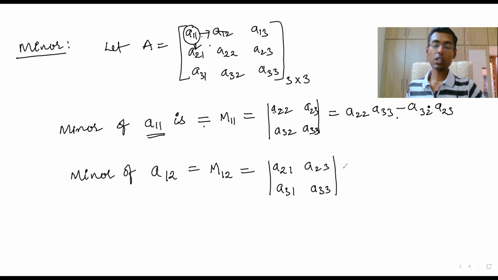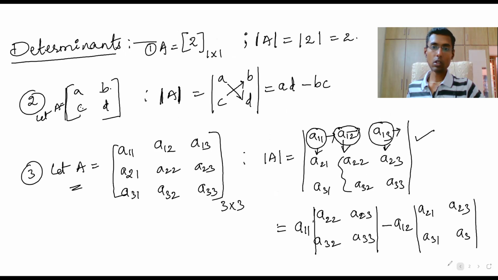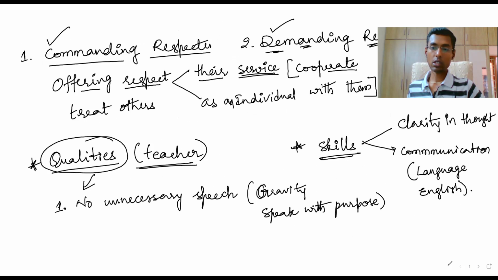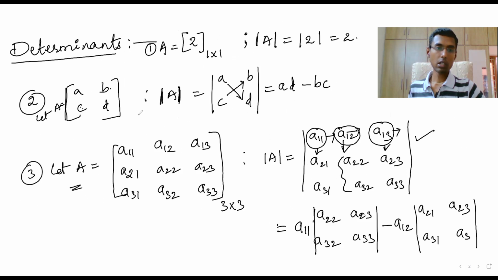We already discussed the second order determinant, AD minus BC.